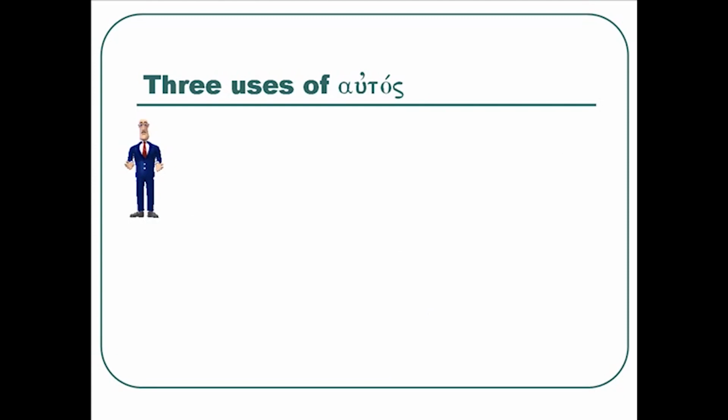There are three uses of the word autos. Because of its background, not originally being the third person personal pronoun but an intensifier, it came to be used as the third person personal pronoun in Hellenistic Greek. It has brought over some extra usages that we've got to be aware of.